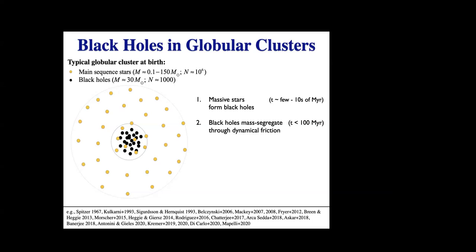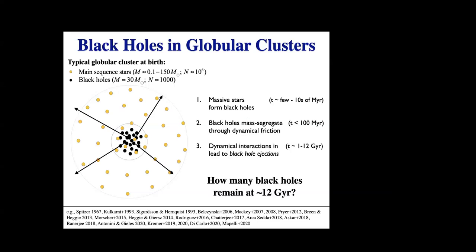So the mass segregation timescale for these 20, 30 solar mass black holes is around 100 million years, or a few hundred million years. And the important point is that the mass segregation timescale is much less than the age of these globular clusters today, which means that for the majority of a globular cluster's lifetime, it has a configuration that looks something like this, where you have this very dense central subsystem of black holes living in the center of the cluster.